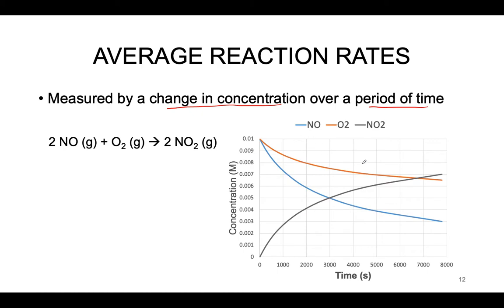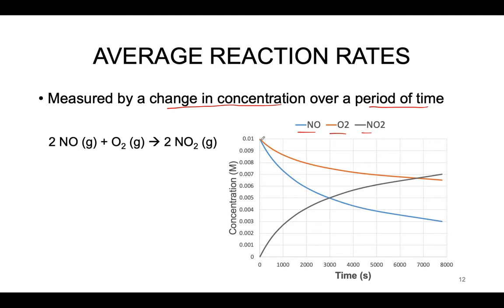Well, in this graph, what we have represented here is the measure of the concentration for each of our molecular species, where nitrogen monoxide we can see is represented by the blue line, oxygen gas is the orange line, and nitrogen dioxide is the grayish kind of black line.